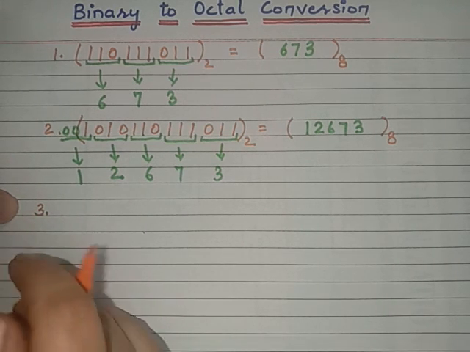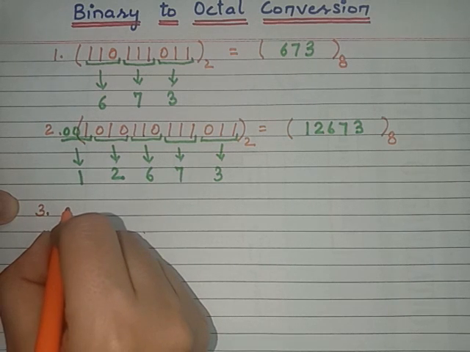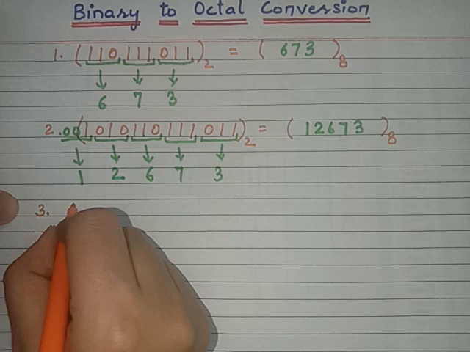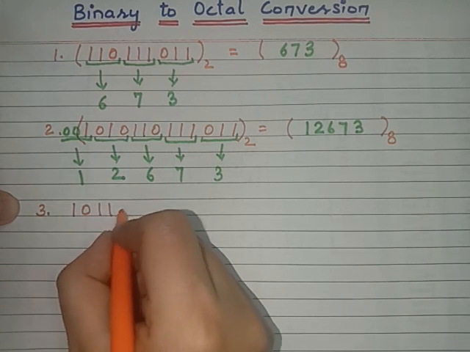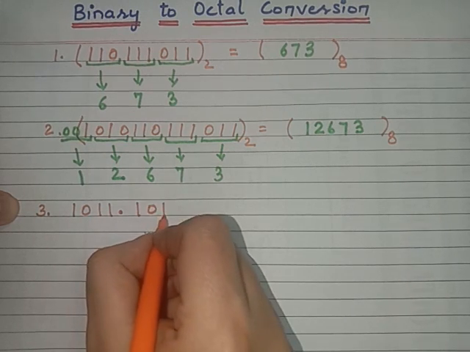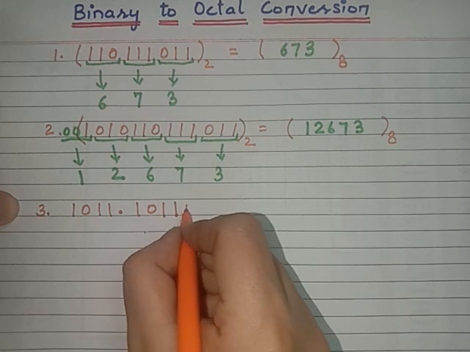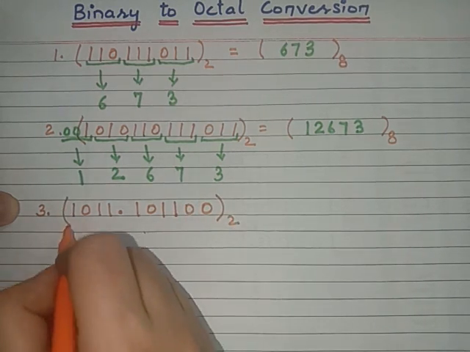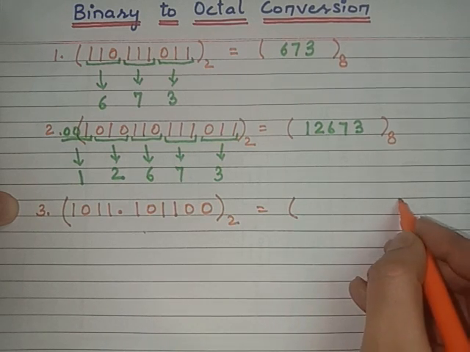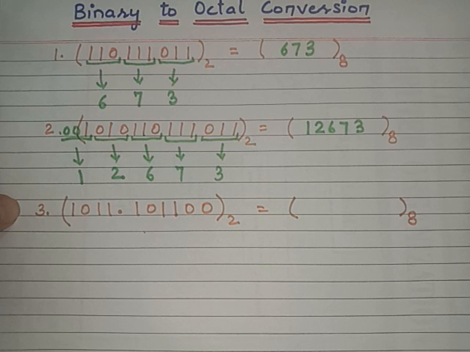So suppose we are having a number 1011.101100. Suppose this is a binary number, and we have to convert this binary number into octal.